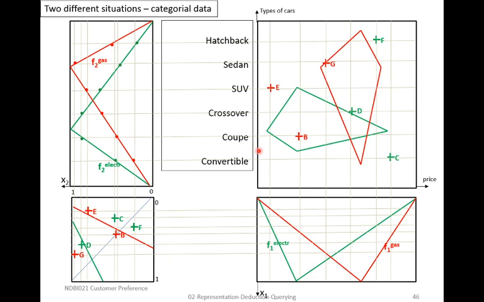Okay, so then there was a question already on how to deal with categorical data. So for a car, for instance, assume that the second attribute is the type of car, and we have hatchback, sedan, SUV, crossover, coupe, convertible. Maybe these preferences are discrete, but at least ideally in our depiction we can consider that they lie on these lines.